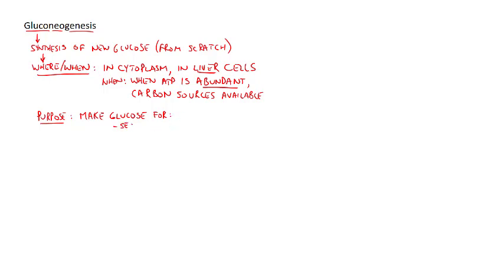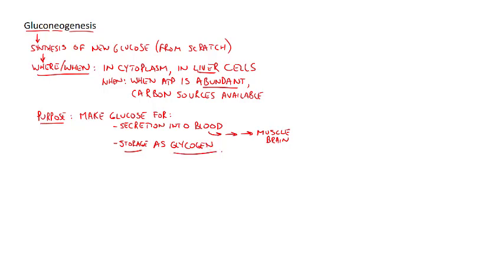Either secrete it into the blood, and usually it will go and feed muscle cells or brain cells, which are all very big ATP consumers, or it will store the glucose as glycogen.